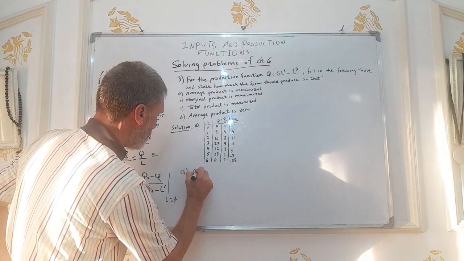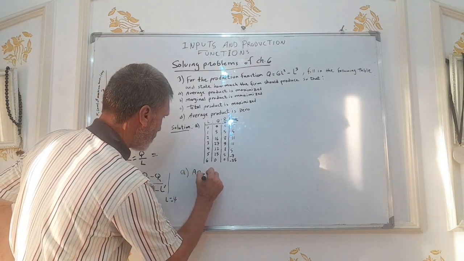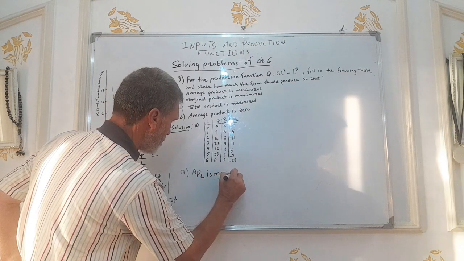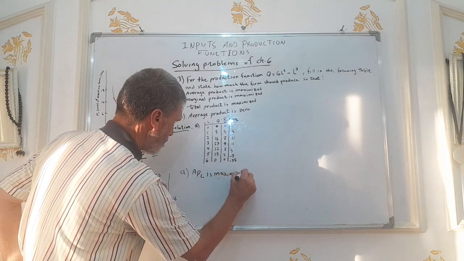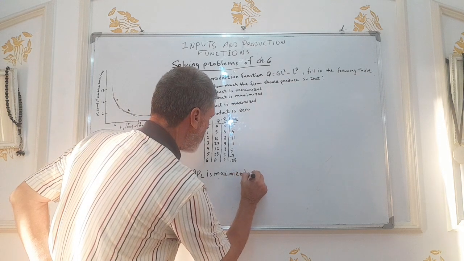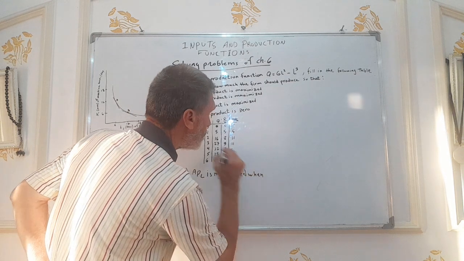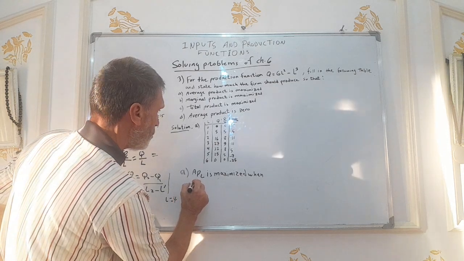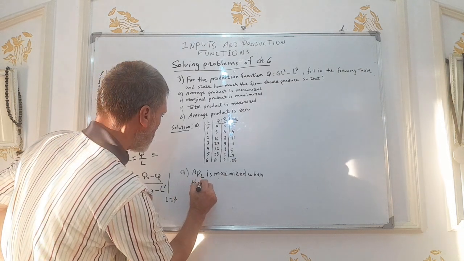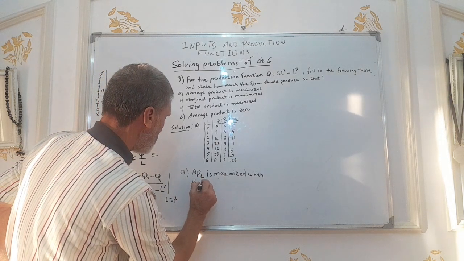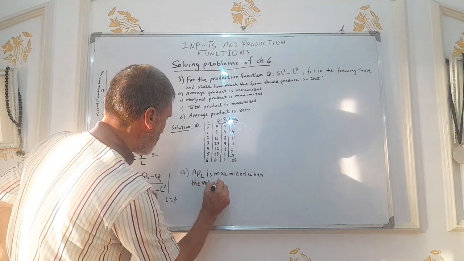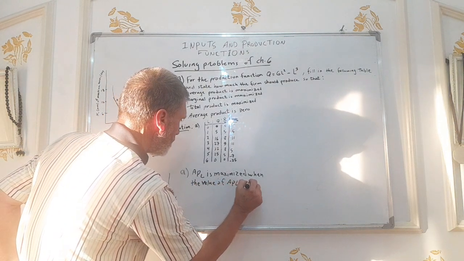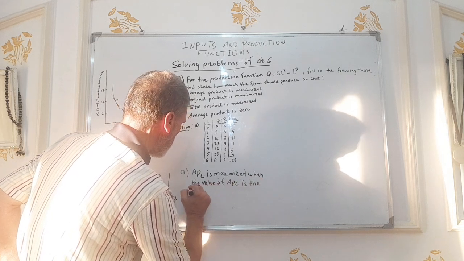Average product of labor is maximized when the value of average product of labor is the maximum.